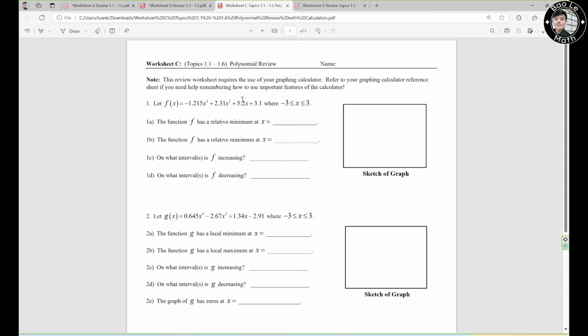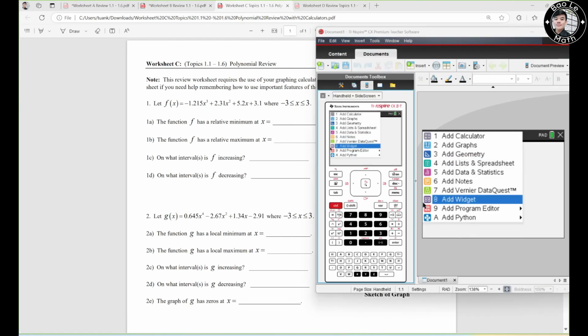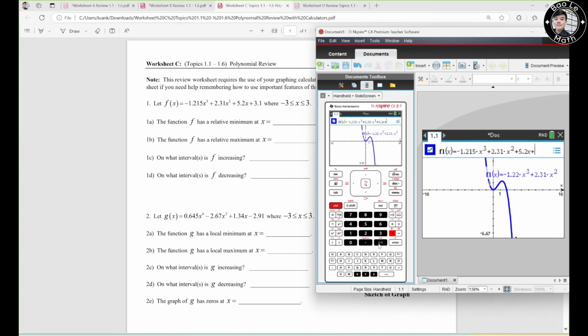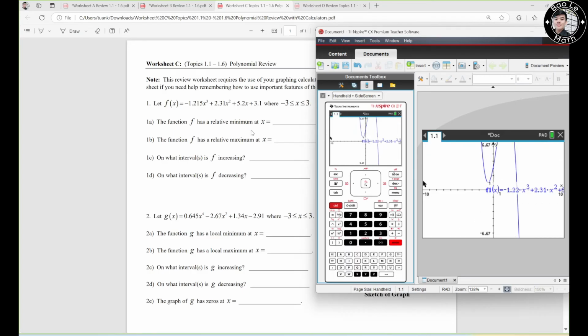Now let's move on to the next one. So we are at the home screen. We need to add graph right here, and we input the function. It's going to be negative plus 33.1. Okay, so you hit enter. Alright, so it's going to be like this. Now we need to restrict the domain from negative 3 to 3.